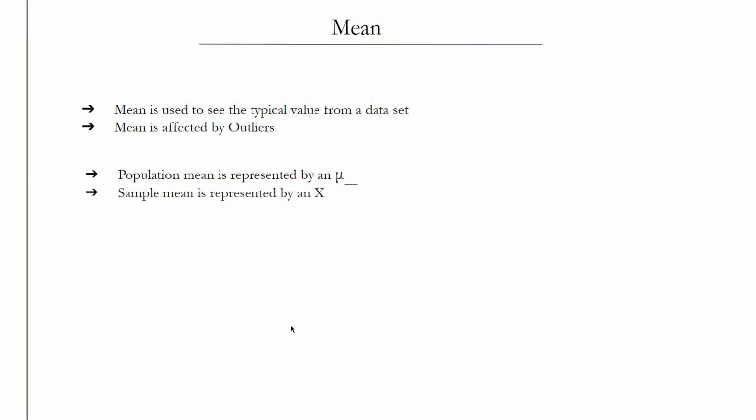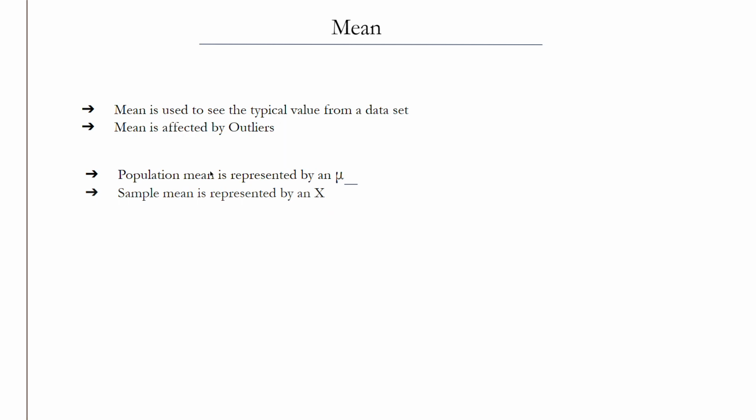What is mean? Mean is used to see the typical value from a data set. Mean is also affected by outliers. I'll give you an example of both of them in a second. Before that, the population mean is represented by this symbol right here, and the sample mean is represented by an X. Remember, population, I mean like the population of the whole America.